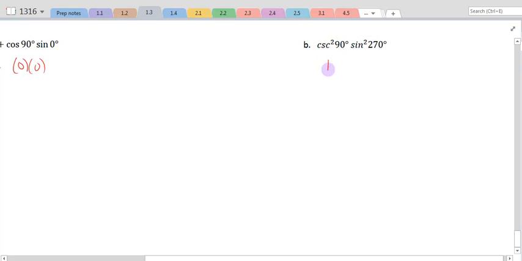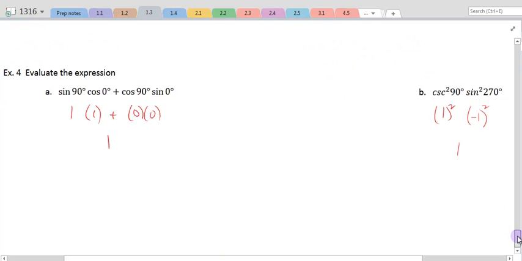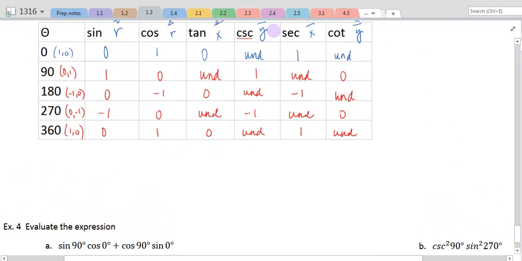So the cosecant of 90 is 1, but I'm going to square it. And I'm going to multiply that times the sine of 270. The sine of 270 is negative 1 squared. So this is 1 times a positive 1, which is again just 1. So these are just applying what we know by that chart that you're going to work on memorizing.